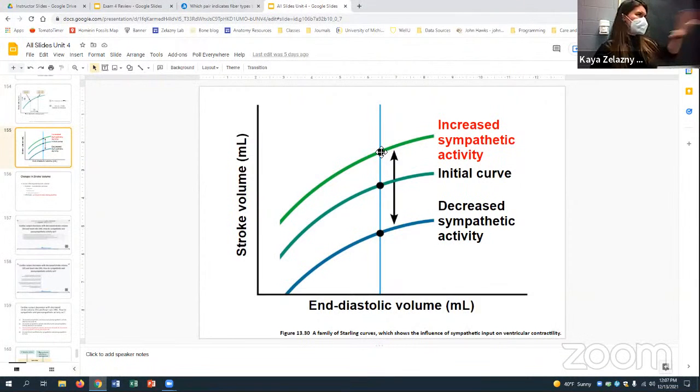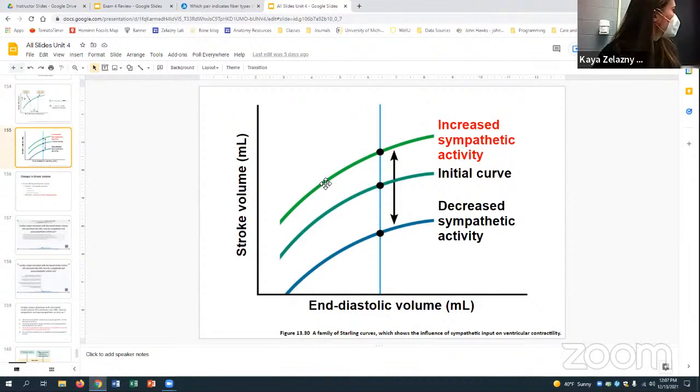We know that sympathetic activity increases stroke volume for a lot of reasons, and we know that end diastolic volume has this effect on stroke volume. So we're just shifting it up, layering the effects of the sympathetic activity on contraction of those fibers along with the effects of increasing end diastolic volume.